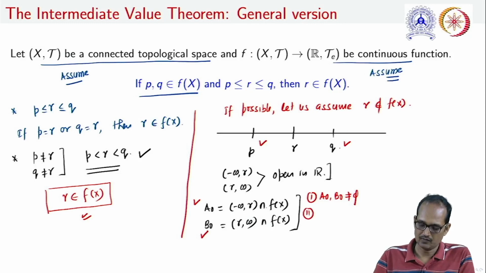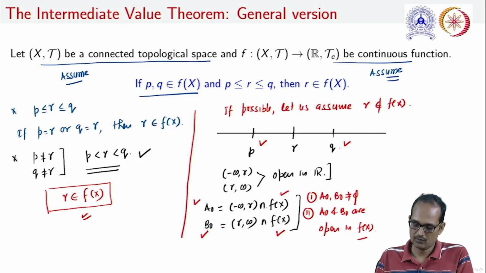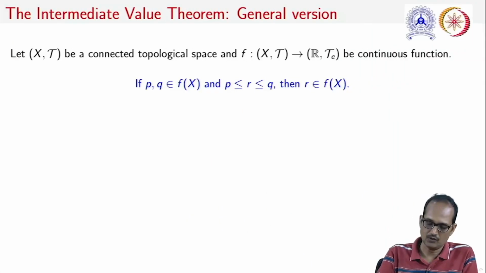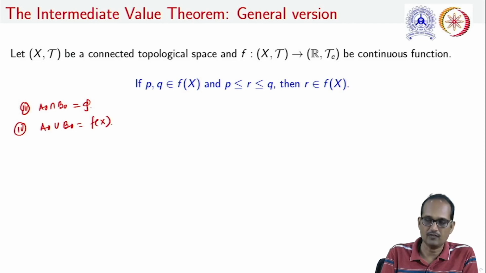Second, A naught and B naught are open in f(X), because the topology on f(X) is the relative topology. We have already done such an exercise. The intersection of A naught and B naught is an empty set, and finally the union is nothing but f(X).